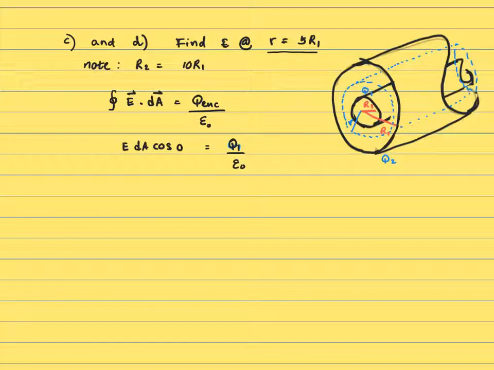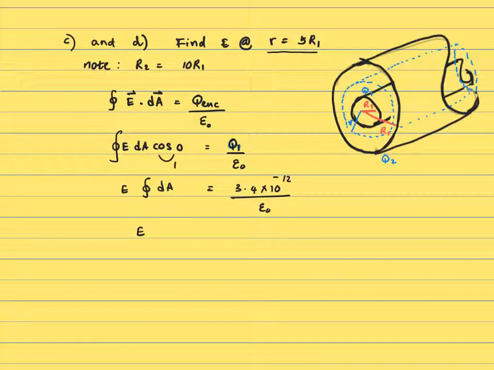I forgot the integral here. So the electric field is a constant, cosine 0 is 1, and there you have the area integral dA, and Q1, as we know from before, is 3.4 times 10 to the negative 12, divided by epsilon naught, the constant.